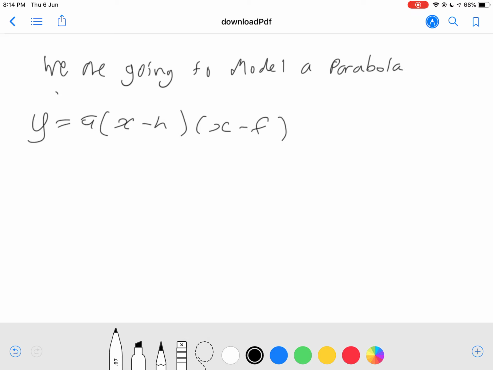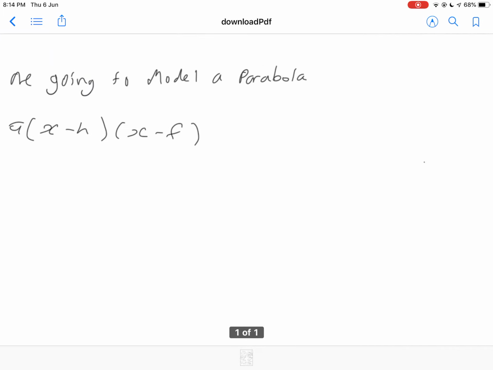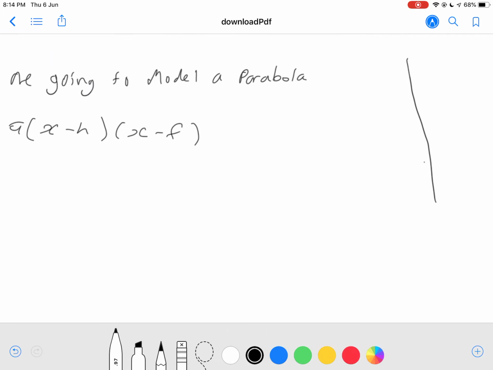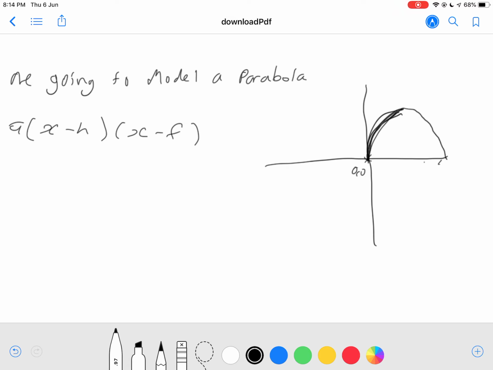If I just draw a mini sketch of what we had before, it should look something like this. Sorry, it's a pretty bad drawing. We know that this intercept is 0, 0, and if we kept going, this intercept will be 60, 0.